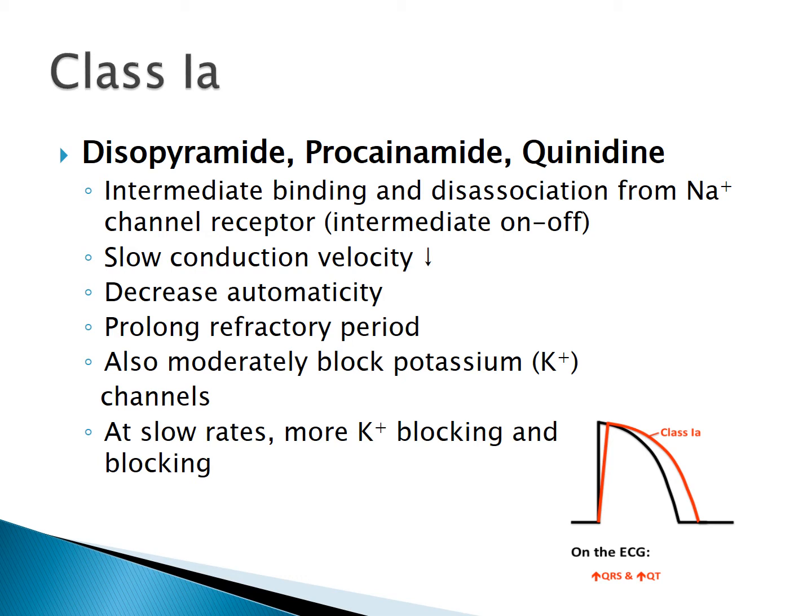This results in an increased QRS and QT on your ECG. Class 1A drugs also slow the conduction velocity through the cardiac cells and decrease automaticity in the pacemaker. They block potassium channels more at slow rates.